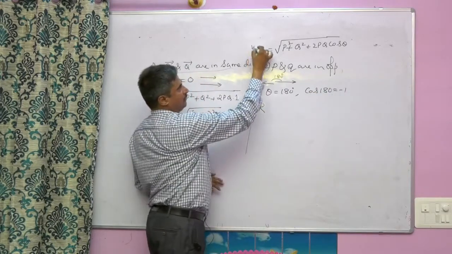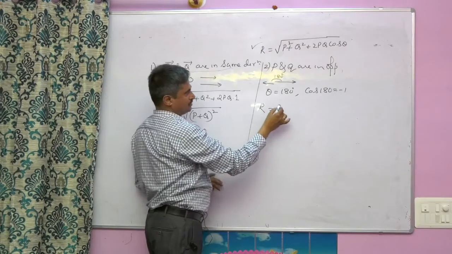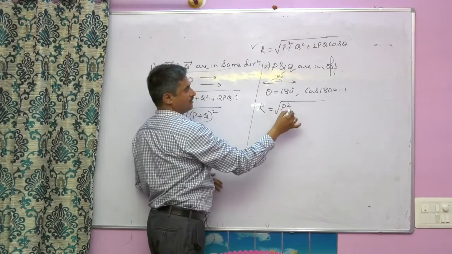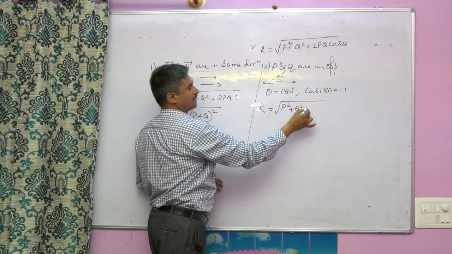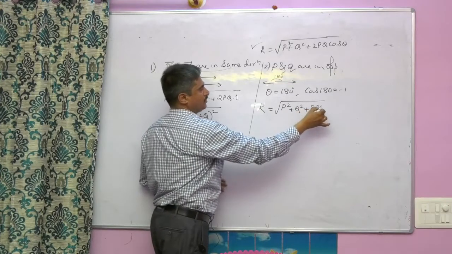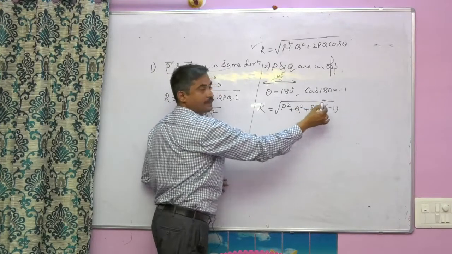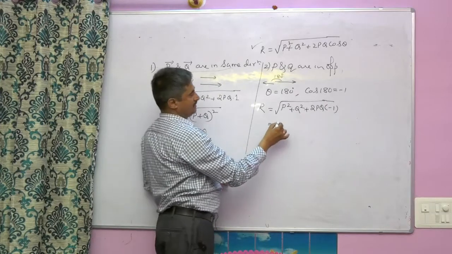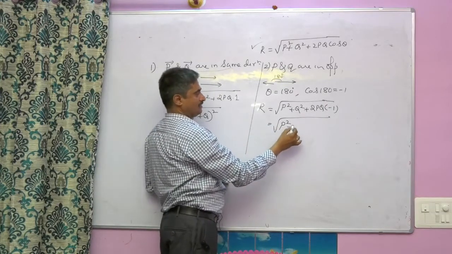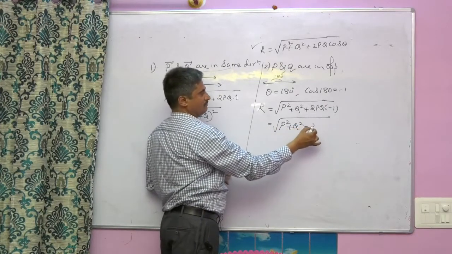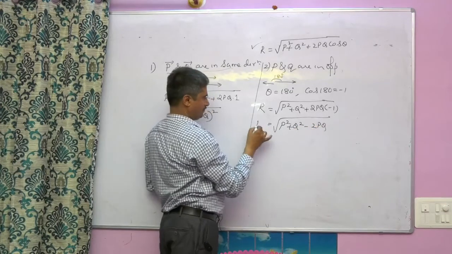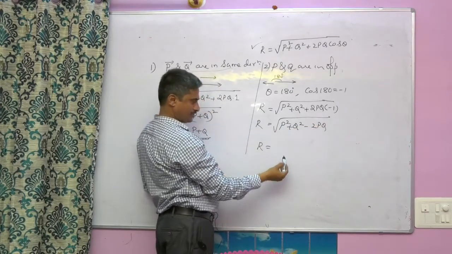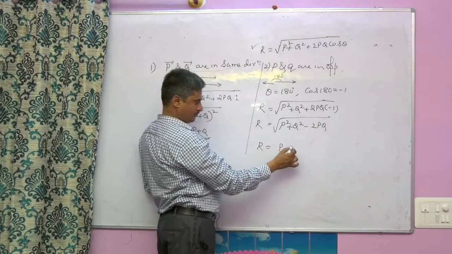Therefore, our resultant formula R becomes square root of P square plus Q square plus 2PQ into minus 1. Therefore, it is P square plus Q square minus 2PQ. Therefore, we can show that R equals P minus Q.